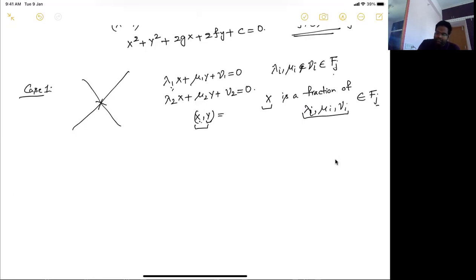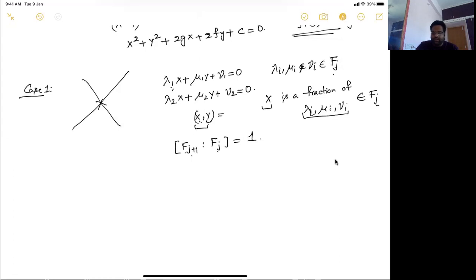And therefore, the intersection of two straight lines won't add any new elements, and therefore the degree of extension is 1. Just recall how F_{j+1} is obtained from F_j.